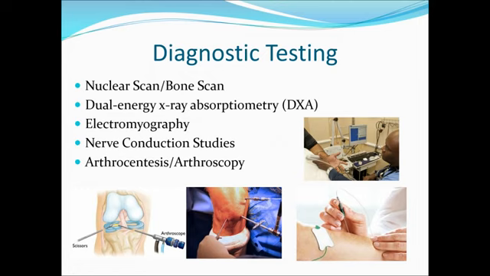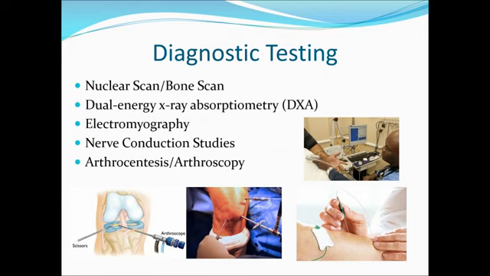The dual energy X-ray absorptiometry, the DEXA scan, is used to estimate the density of bone mass and the presence or extent of osteoporosis. So this is actually a screening test that's done in females who are 65 and older and men who are 70 and older.